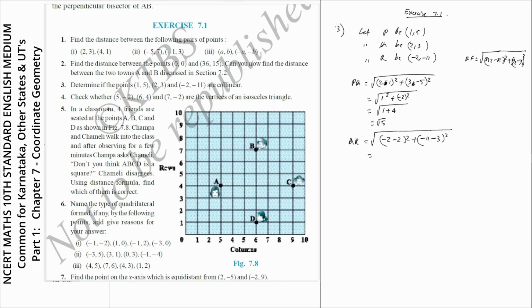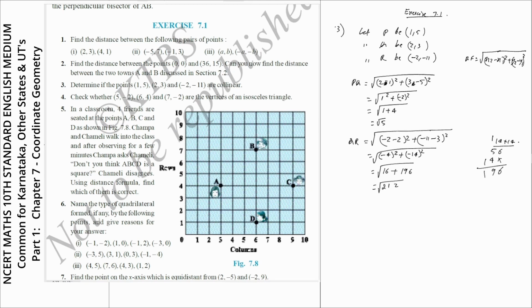So here -2 minus 2 is -4, (-4) the whole square, plus -11 minus 3 is -14. So (-4) into (-4) is plus 16, plus 14 into 14 is 196. So addition of these two, I'll get 212.